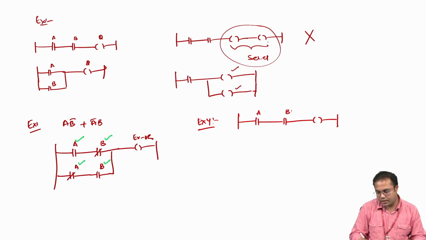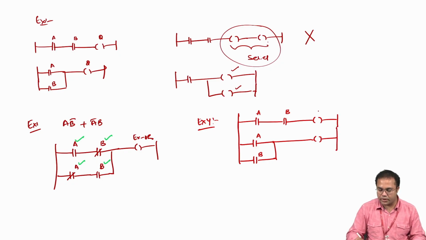For the AND logic, I'm using A and B. Similarly, I have an OR logic as well, and for this OR logic again I'm using A and B, followed by an output. So what if we assign the same address to the output? Now you tell me whether this Q needs to follow the AND logic or the OR logic. It's an ambiguity, right? There is an ambiguity whether to follow the AND or the OR. That's the reason why you are not supposed to repeat the output address multiple times.